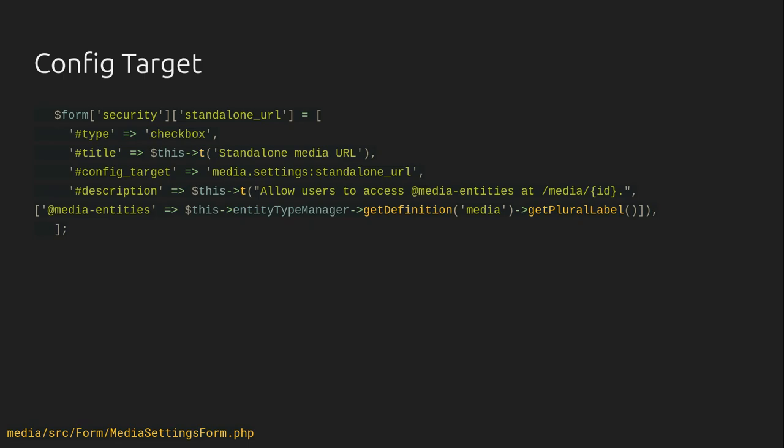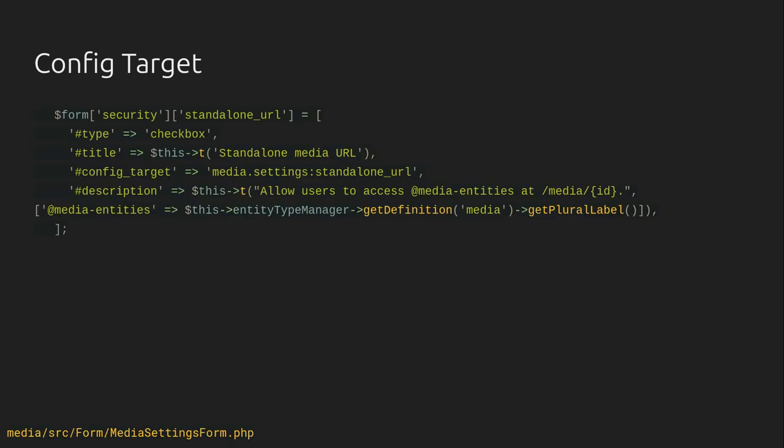And it will also automatically do form submissions. So when I don't need to have any submit form handler in this form, Drupal will automatically say, oh, this config target, this standalone URL, I need to save it into this file, into this schema. And that will automatically be wired up together.